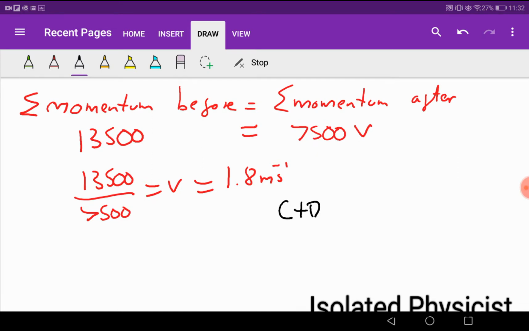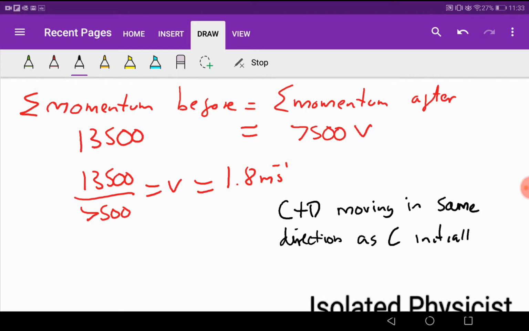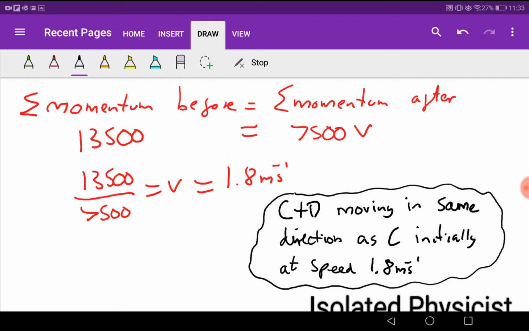C plus D moving in the same direction as C initially at speed 1.8 meters per second. A little sentence at the end is often quite important, just to say what's happening here.